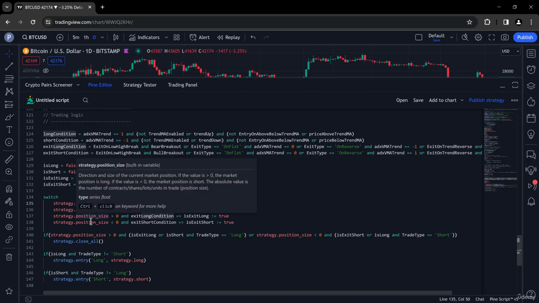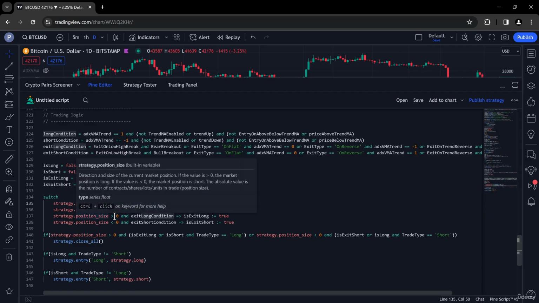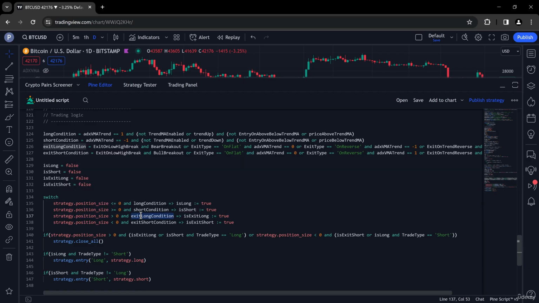And opposite for the short. If current strategy position size is bigger or equal 0, meaning current strategy is not currently short, and short condition is true, then is short variable will be set to true. And for the exit long condition, when current strategy position size is bigger than 0, meaning current position is long, and exit long condition is true, then exit long variable will be set.